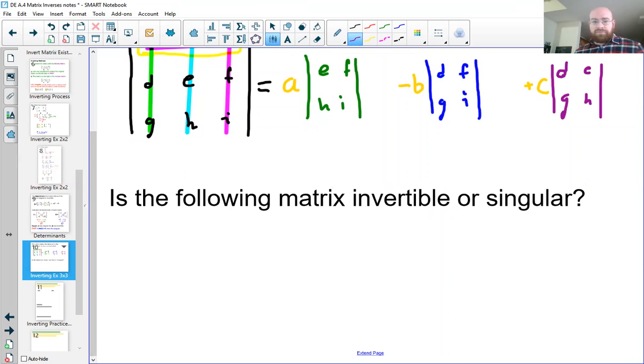So the matrix I'd like us to determine is 1, -1, 0, 1, 0, -1, 6, -2, -3.